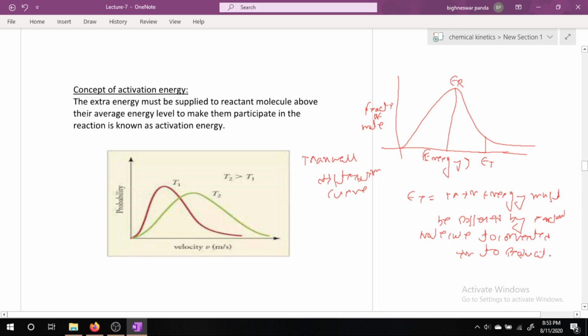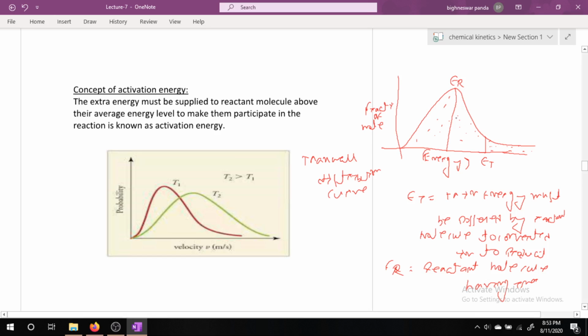So ER is the energy the reactant molecule has. The fraction of molecules means these are the molecules present in the area below the bell shaped curve.